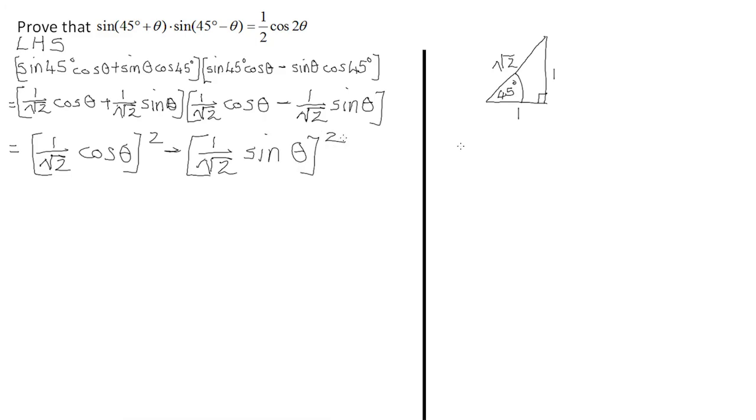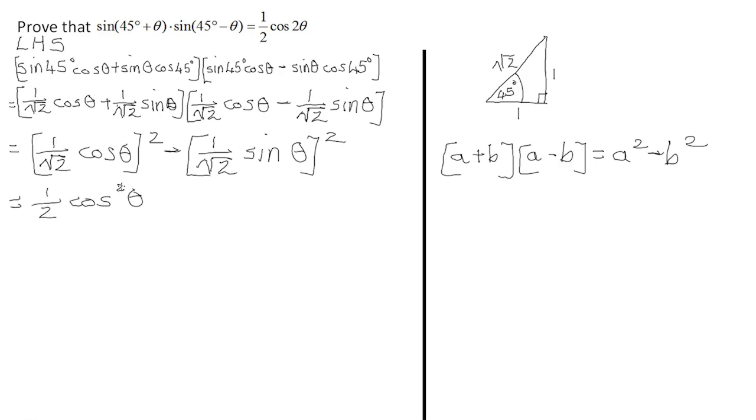I will just note it down here so that we can see the difference. A plus b and then a minus b is exactly the same as a squared minus b squared, because that is what that is all about. And now what does this give you? 1 over 2 cos squared theta minus 1 over 2 sine squared theta.